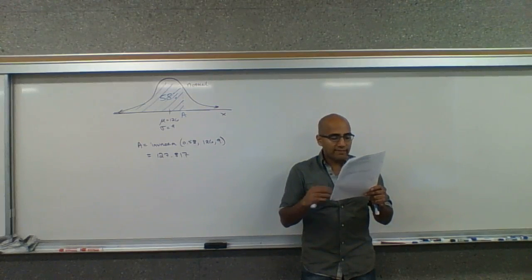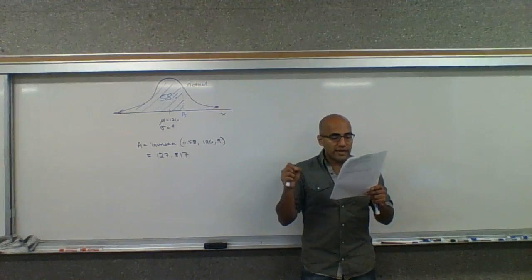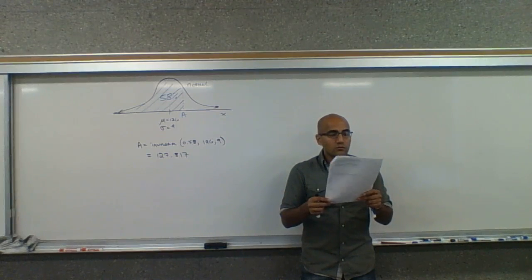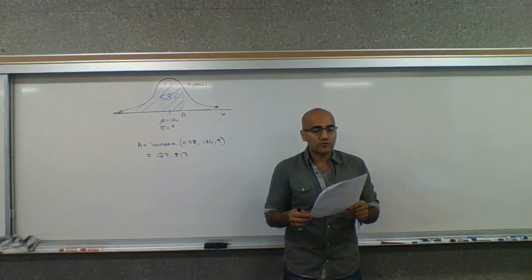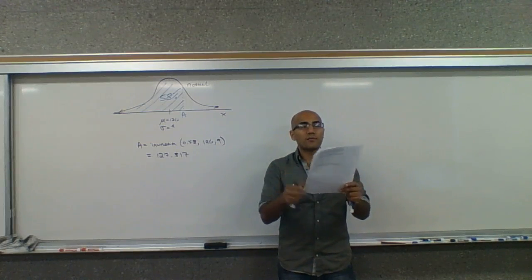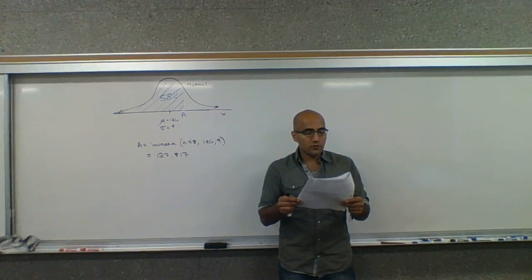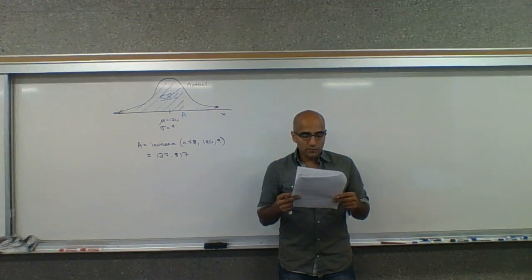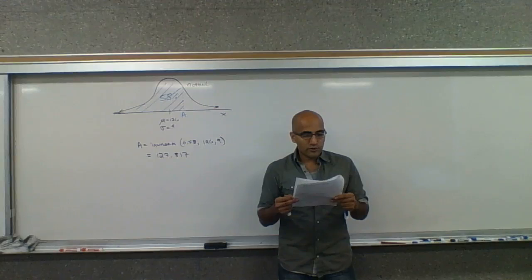And then we're going to add that to normal CDF from 132 to positive infinity with a mean of 126 and a standard deviation of 9. Find those two separately, add them, and then you're in business. Okay, so that one should be pretty straightforward as well.